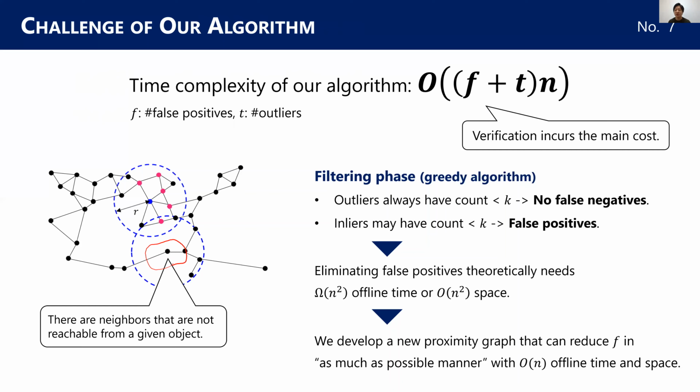Now we have one challenge here. Eliminating false positives needs a very huge offline or space cost. So we developed a new proximity graph that can reduce the number of false positives as much as possible with a reasonable time and space.